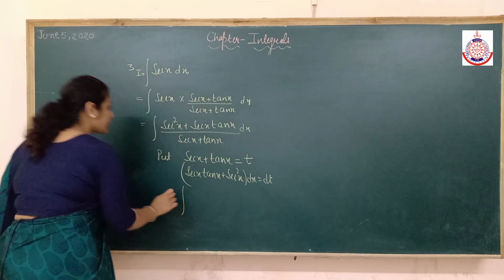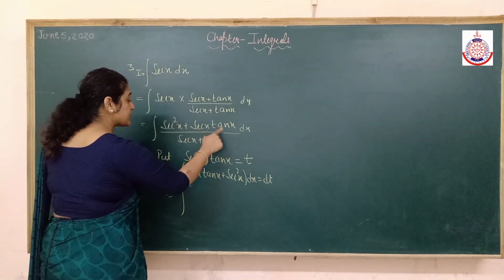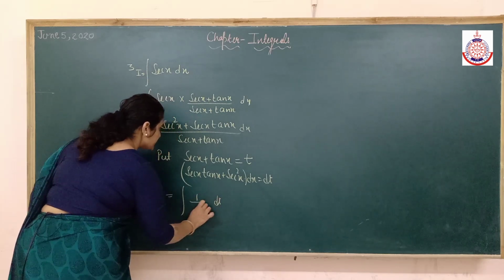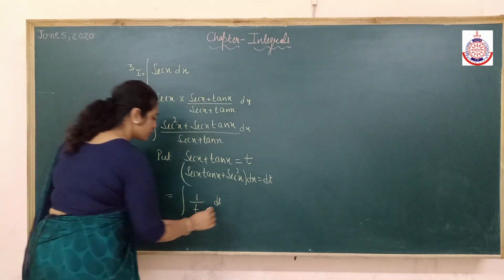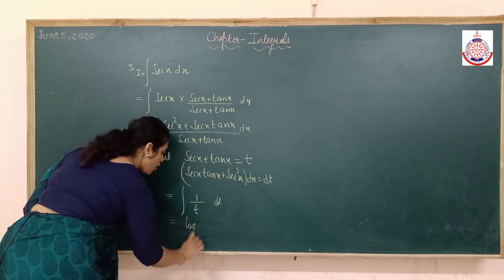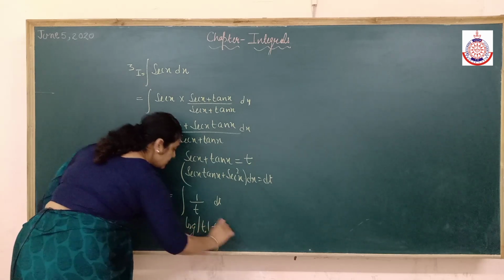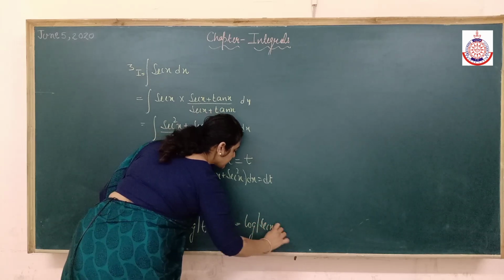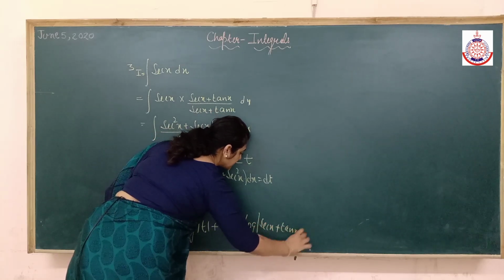Now my question has become secant x into tan x plus secant square x into dx as dt, and this has become 1 by t. So my integration is log t plus c. Put the value of t back, that is secant x plus tan x plus c.